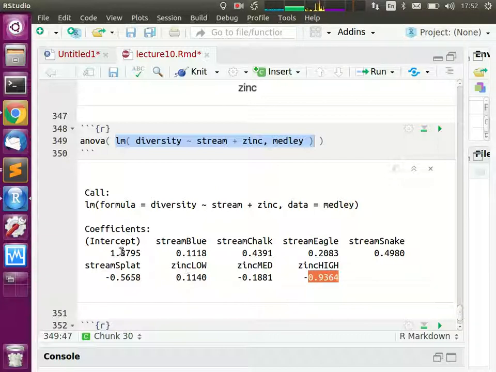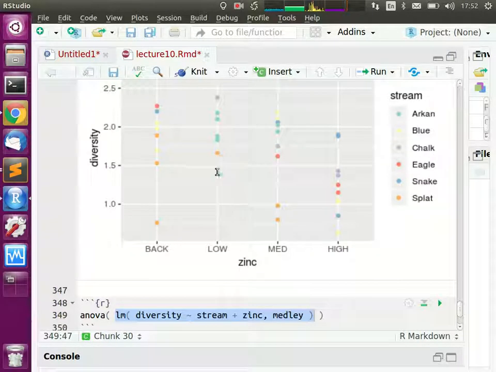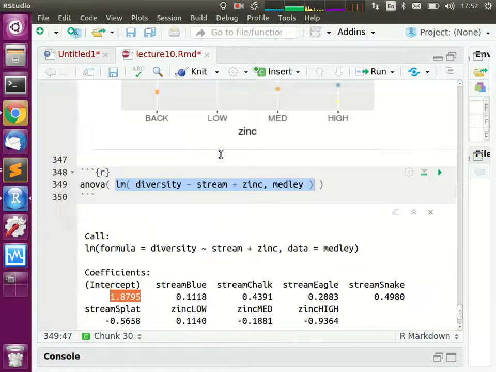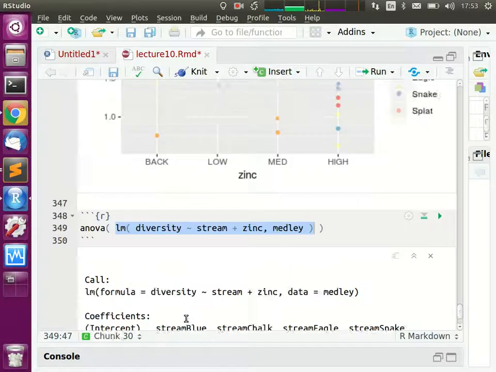So we add 1, 2 or 3 numbers, and then we get the fitted value. If I take, for example, this purple one, which is not chalk, which is low zinc and splat, I would say the expected value for that one should be 1.87 minus 0.56 because it's splat, plus 0.11 because it's low in zinc.